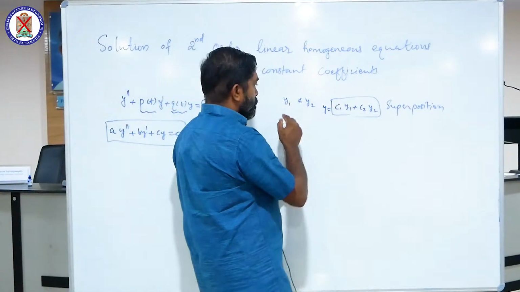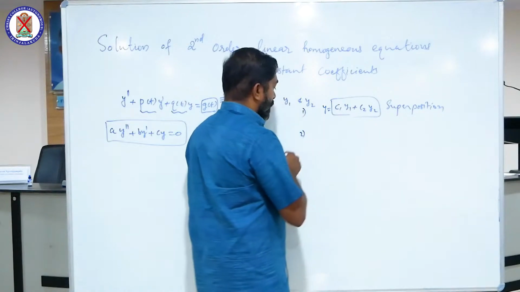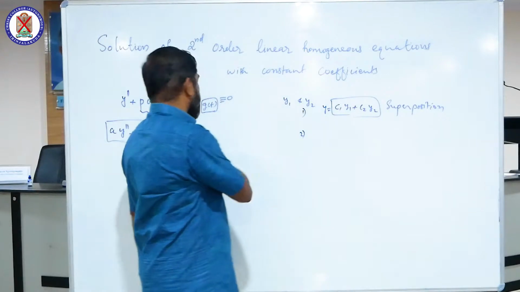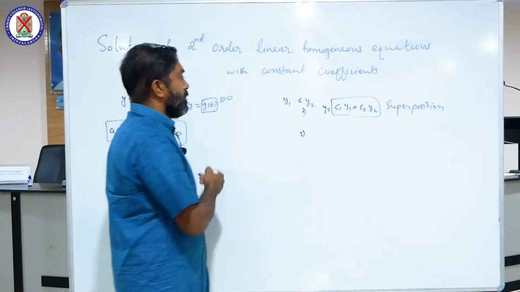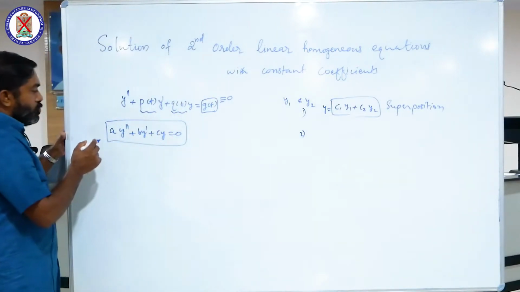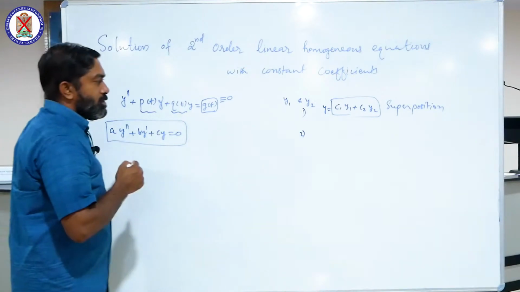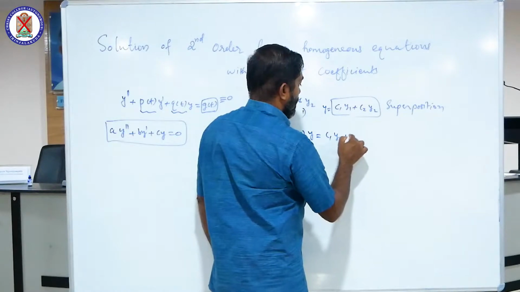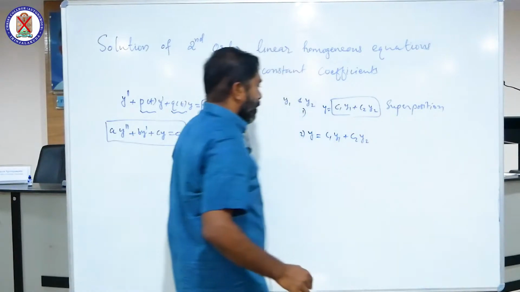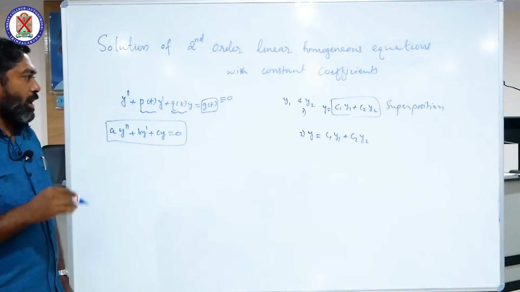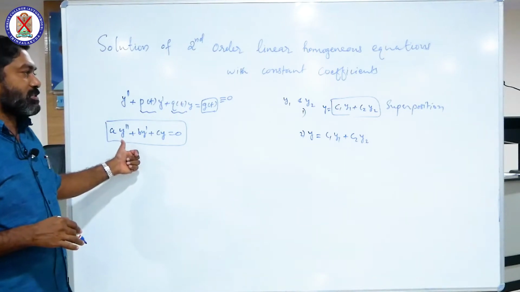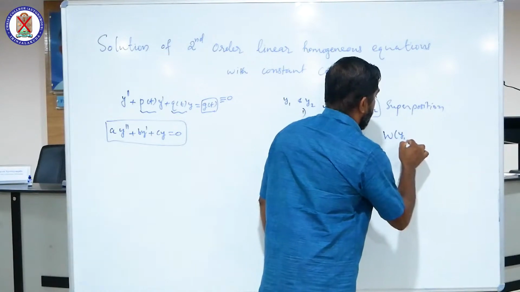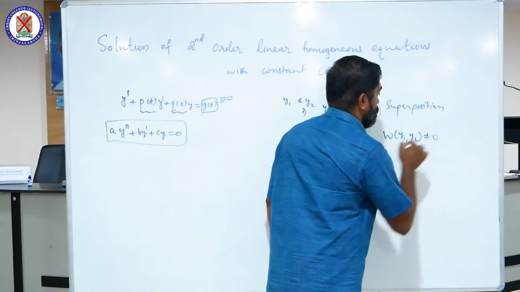Next property I would like to say is that all the solutions of this equation can be expressed in the form y equals c1 y1 plus c2 y2, where y1 and y2 are two solutions of this differential equation so that the Wronskian of y1, y2 is not equal to 0.